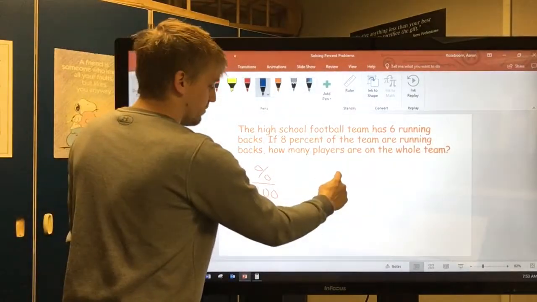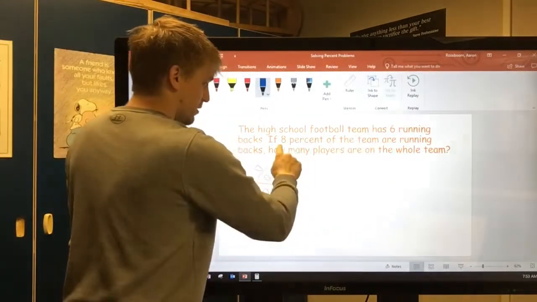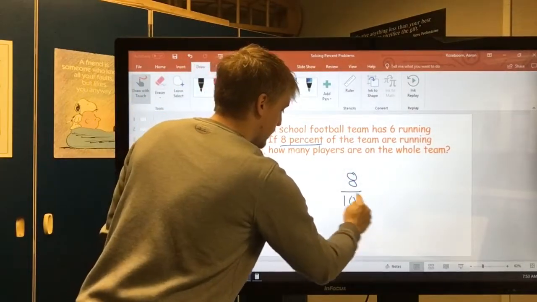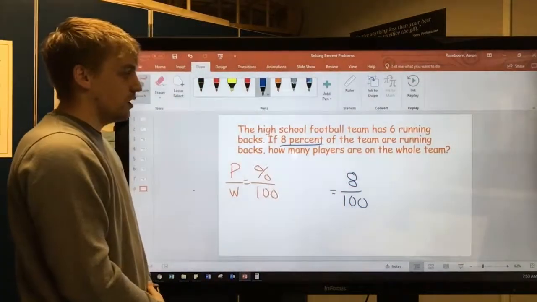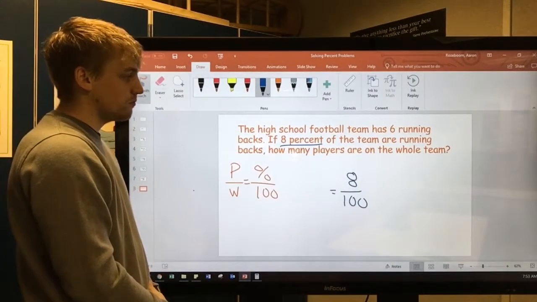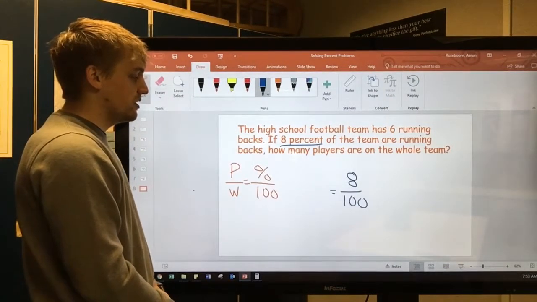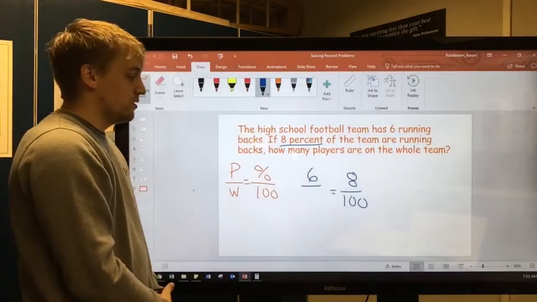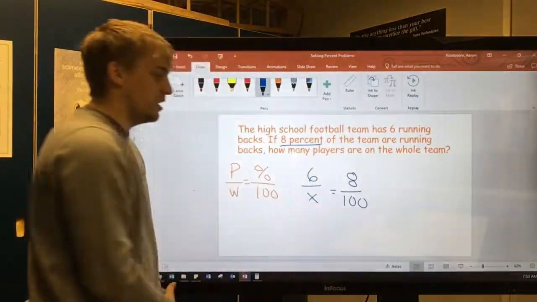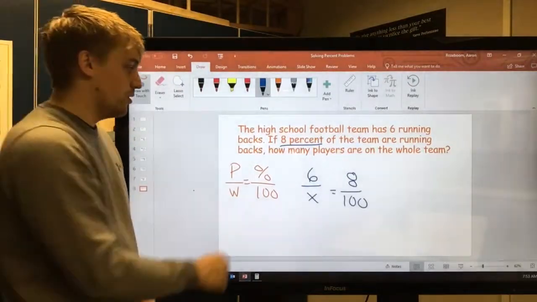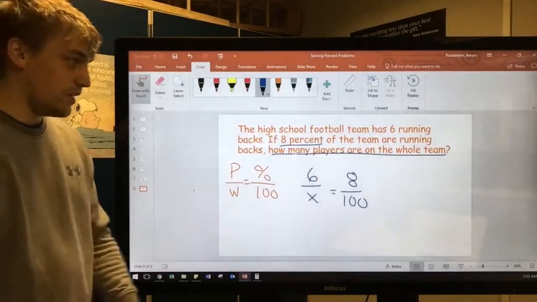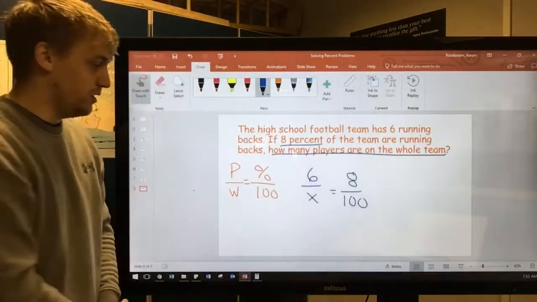So we have percent, we have 8%, so we're going to write that over 100, and that equals, of the team are running backs. So the team has 6 running backs, so that's only part of the team is the running backs. So 6, and then the whole team would be the x that we're solving for because we want to know how many players are on the whole team. That whole kind of gives it away on the whole team.